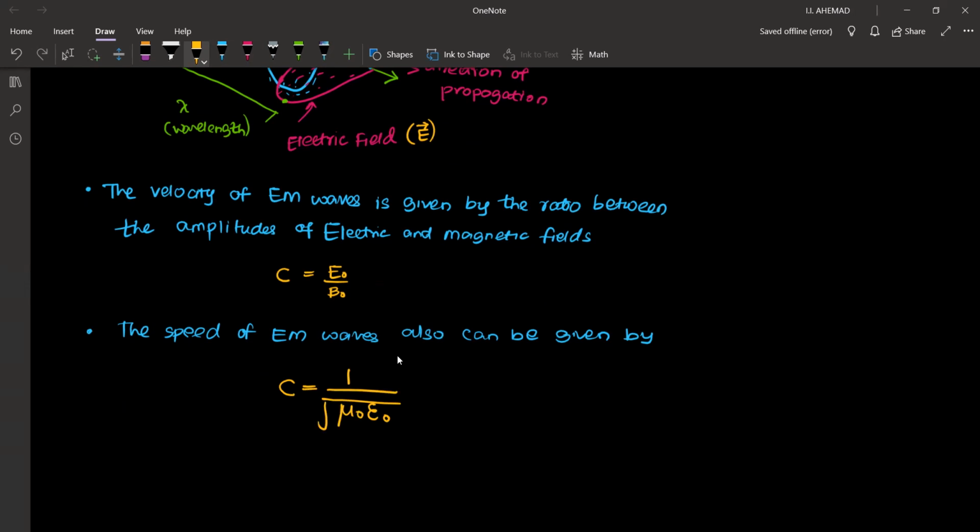You might not have studied what is mu naught and epsilon naught. When you study unit 6 and 7, you will come across these two terms. So epsilon naught, we say, is the permittivity of free space.